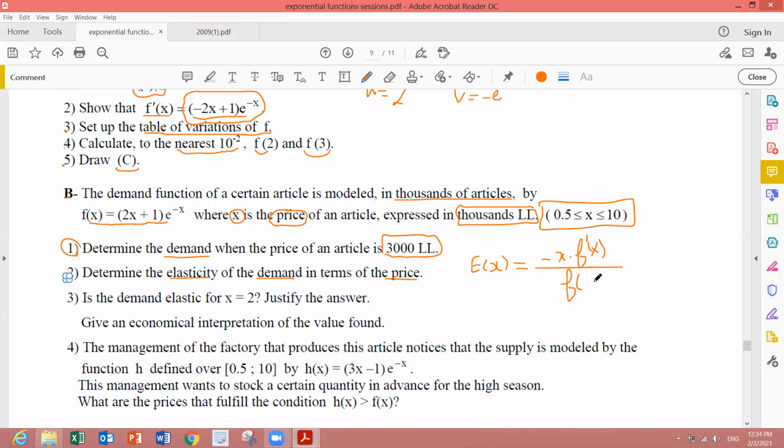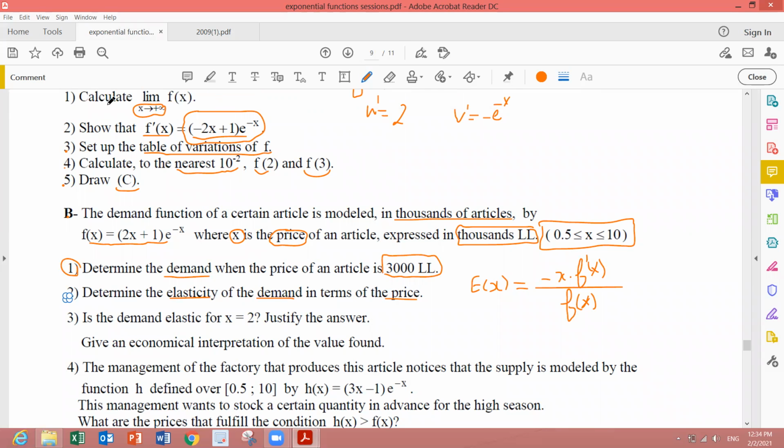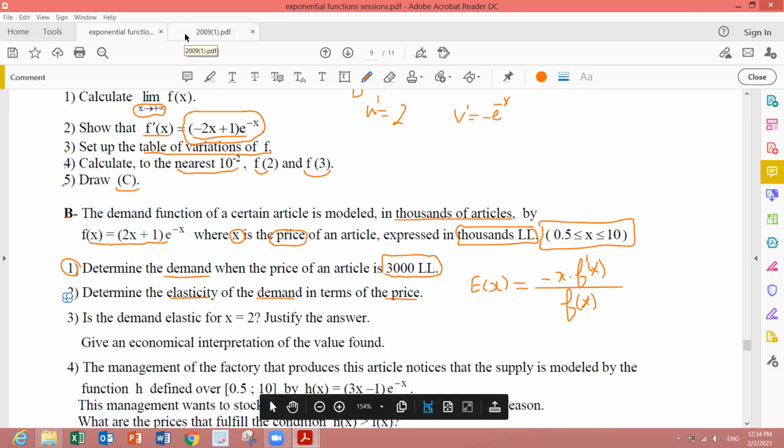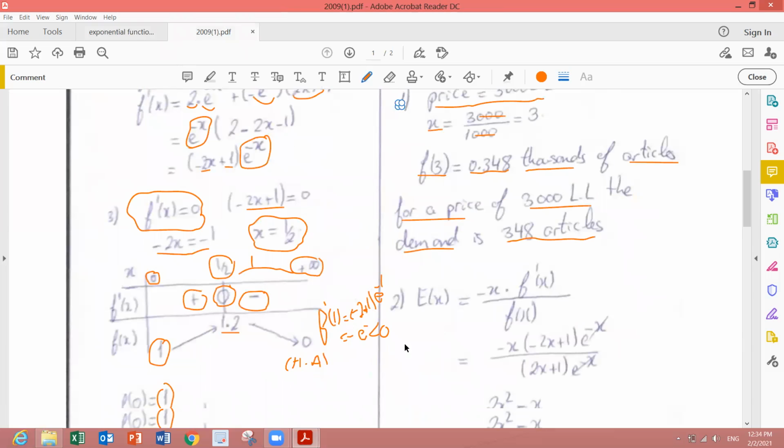So f(x) is given. f prime of x is given here. So simply we replace each one by its value and we get the elasticity.